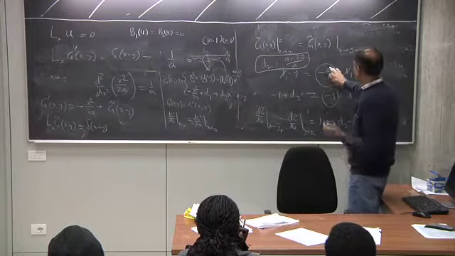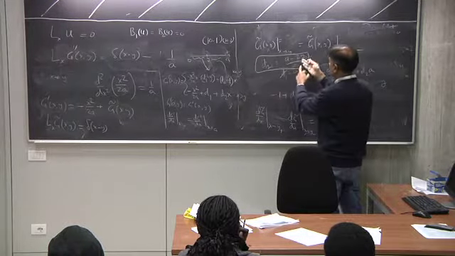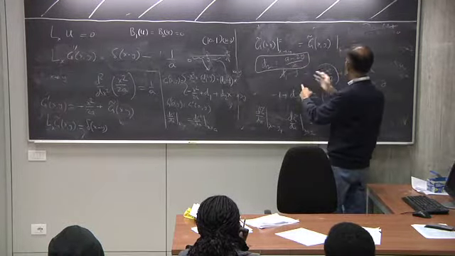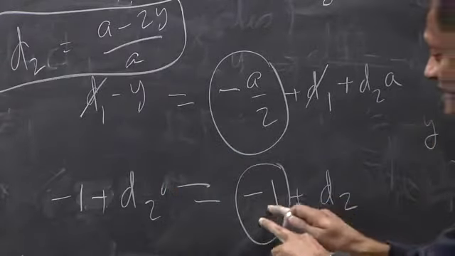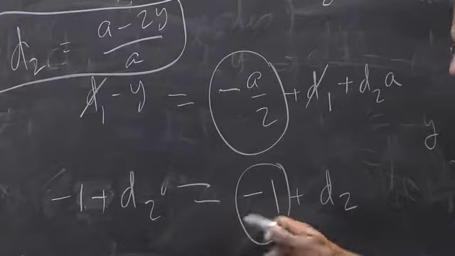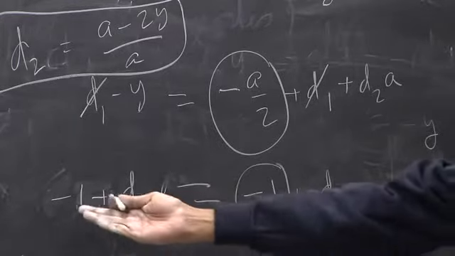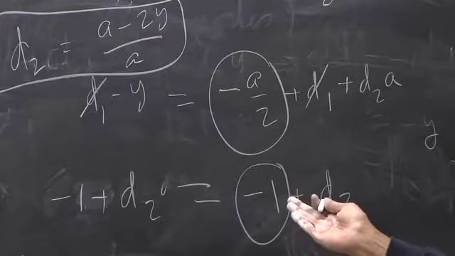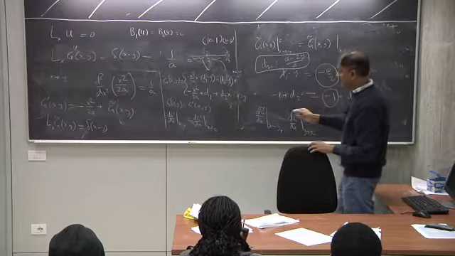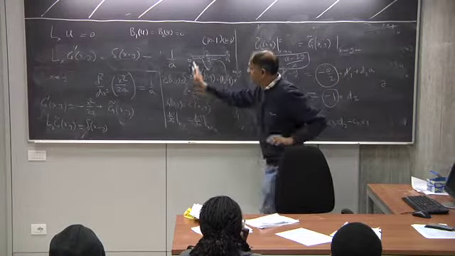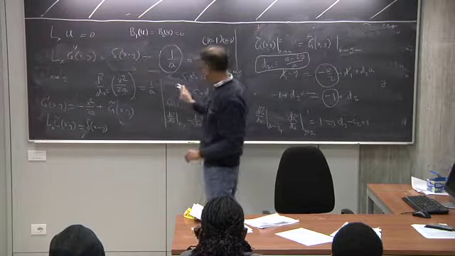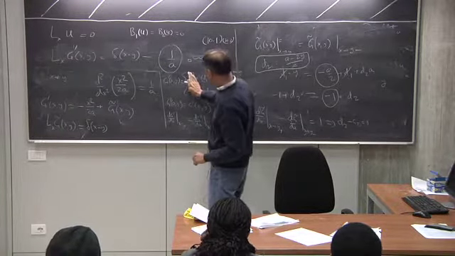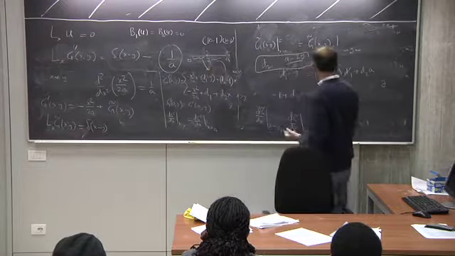If this was not there, the solution for D2 would be just this equal to that. But if this had not been there, there would be a contradiction, because D2 cancels and you get minus 1 equal to 0, right? That is why, without this extra piece which came from the modification of the equation, there would be no solution.